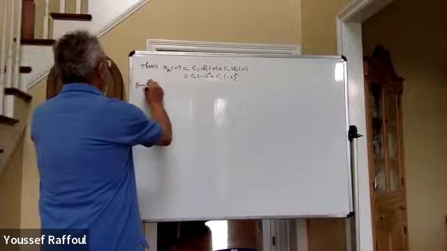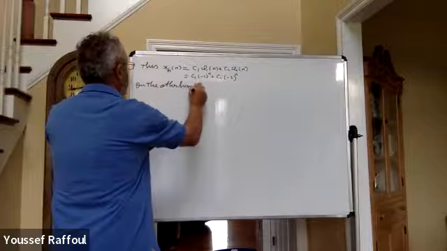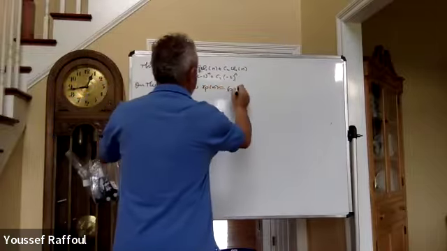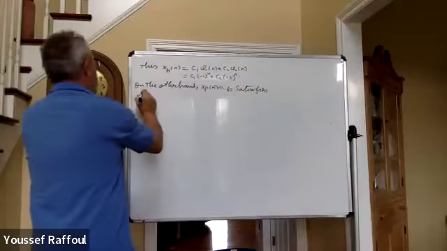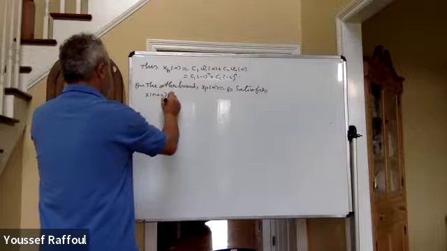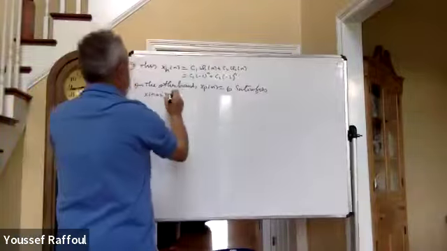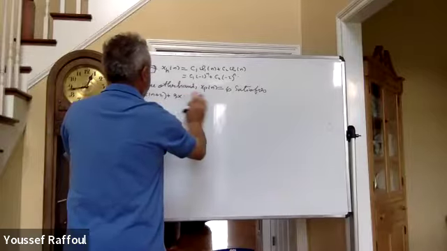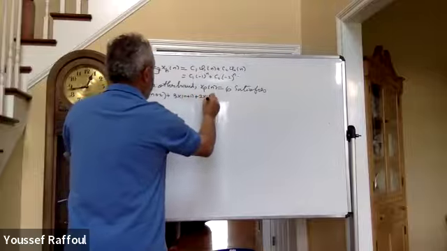On the other hand, xp of n equals 6 satisfies the equation xn plus 2 plus 3xn plus 1 plus 2xn equals 6.